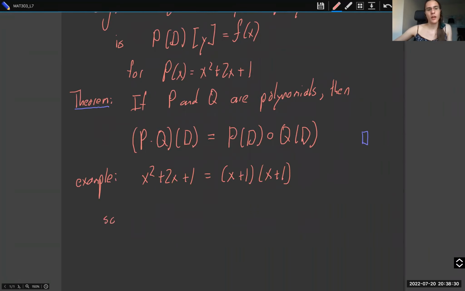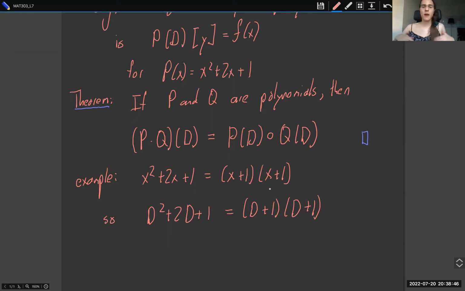So D² + 2D + 1 is also equal to (D + 1)(D + 1) in the sense of composition. Before, we justified factoring these expressions, and factoring is justified in general because a product of polynomials evaluated at a differential operator is the same as composing the evaluations of both polynomials.